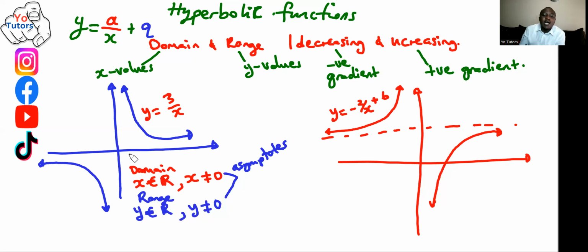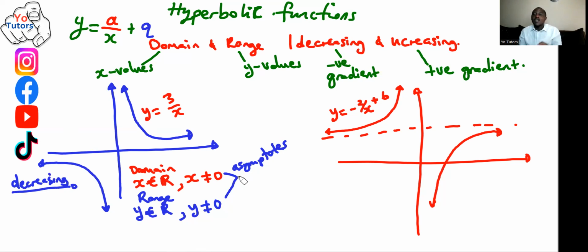Now let's look at decreasing. Where is it decreasing? It's decreasing for all values. You can see that it's decreasing here, it's decreasing also here. The shapes are decreasing, you've got a decreasing gradient. So in this case, you don't need to stress yourself.